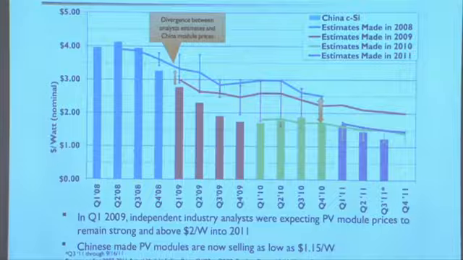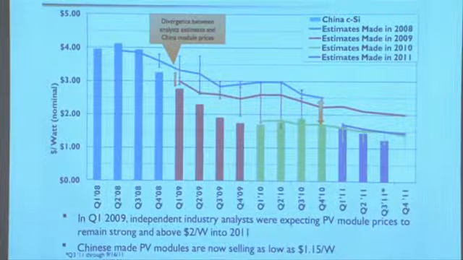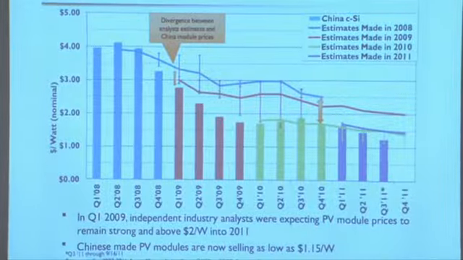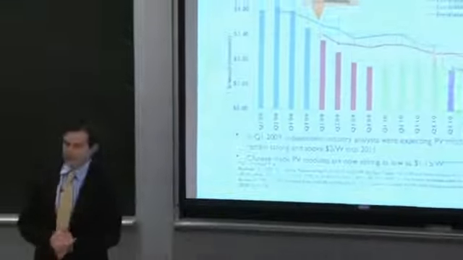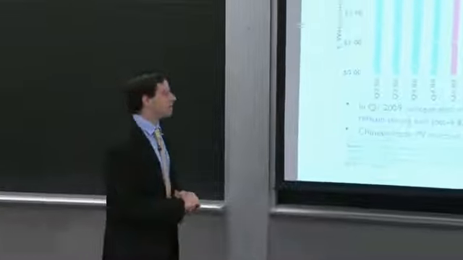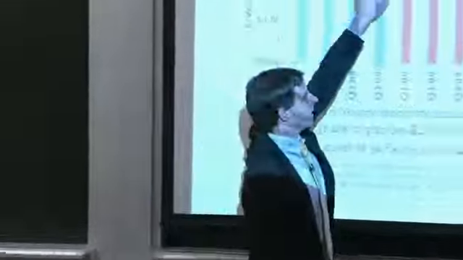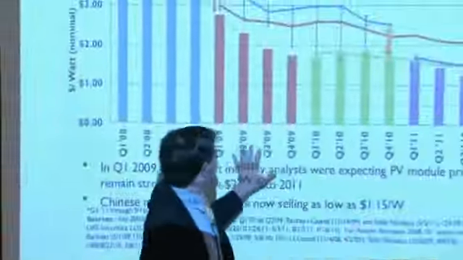Which means that the actual prices have fallen faster than the analysts expected. Maybe there were some smart people in the actual industry who saw this coming. But what this means is the prices have come down a lot faster than what people expected.